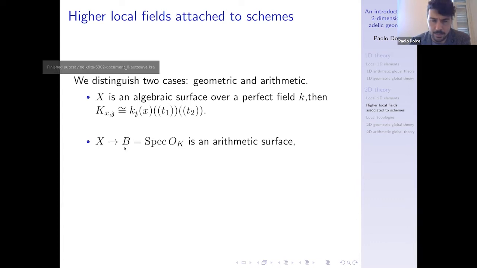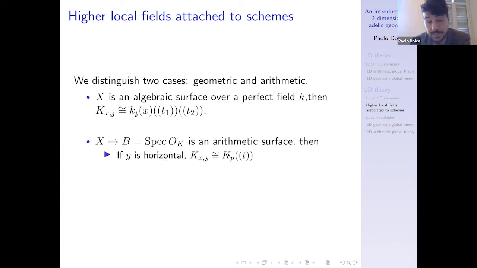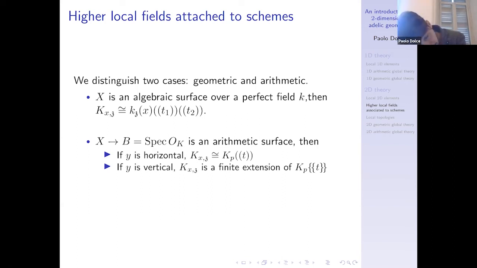You can put all nice properties on this morphism. So in the horizontal case, you have this Laurent power series over K_p, and otherwise in the vertical case, then you have the field with the curly brackets. So vertical case, I mean when Y is a vertical curve.